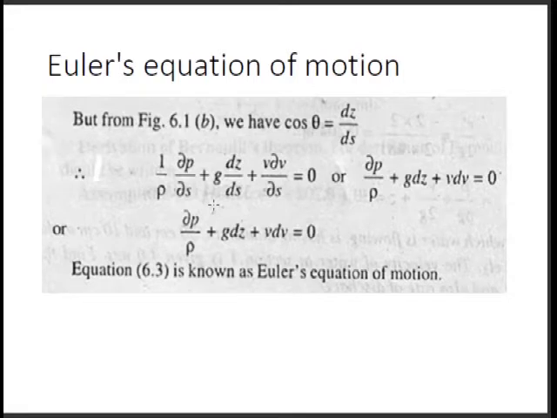So the equation becomes 1 upon rho dou p by dou s plus g dz by ds plus v dou v by dou s is equal to 0. This can also be written as dou p by rho plus g dz plus v dv is equal to 0, because dou s is common in all the terms, so it is neglected.